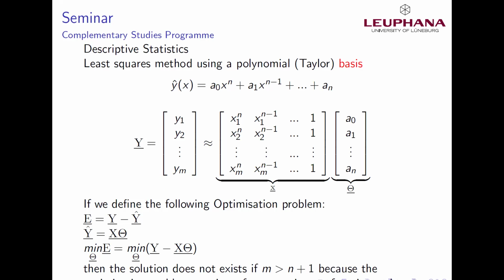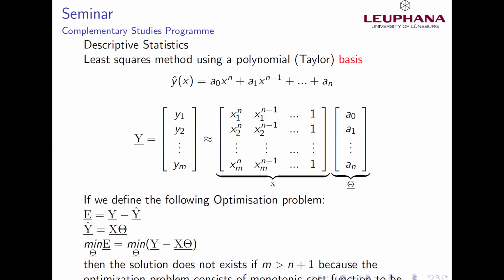Even though I can consider the sum of the error, if I consider in an abstract form the error, if the cost function is linear, keep in mind this. I can consider any variations of the error, linear: the sum of all errors, one error, the maximal error, it doesn't matter. If the cost function is linear, monotonic, in general in a monotonic function, the solution does not exist.